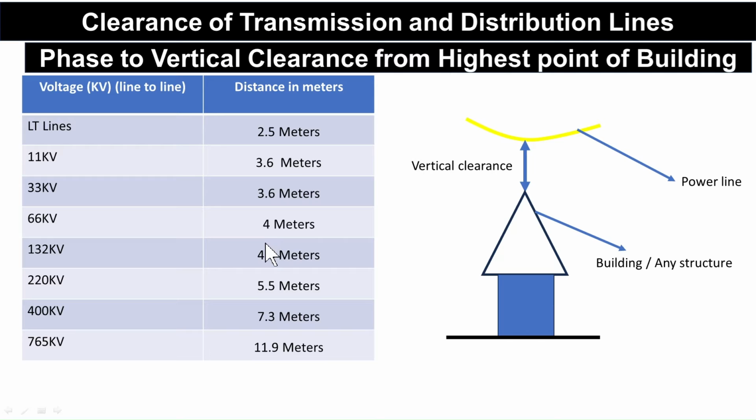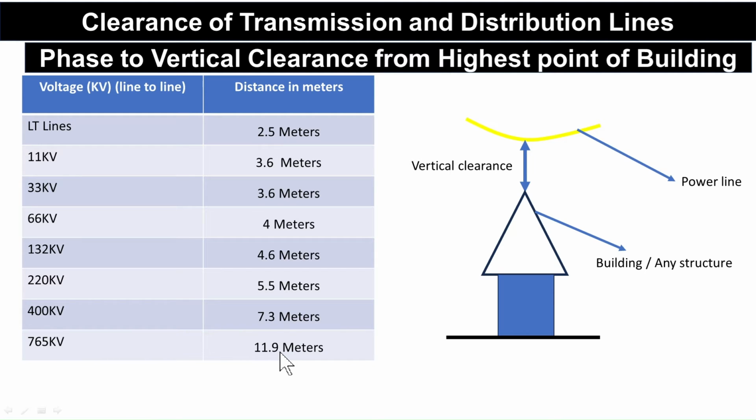Similarly, for 132 kV line it is 4.6 meters, for 220 kV line it is 5.5 meters, for 400 kV line it is 7.3 meters, and for 765 kV line it is 11.9 meters.